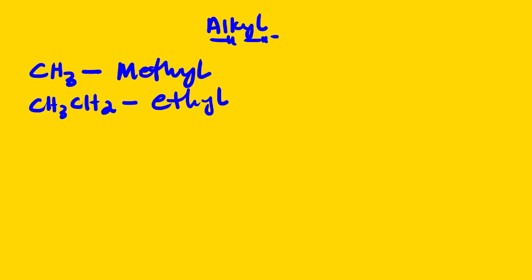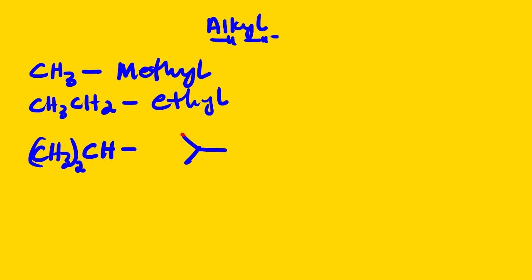The most common attachments that we are going to use in this chapter are the ones that I'm writing now. And then we have, I don't know if you remember this, but you should remember this. It's CH3, and then let us put 2 here. It's also a substituent, or we can represent it this way.